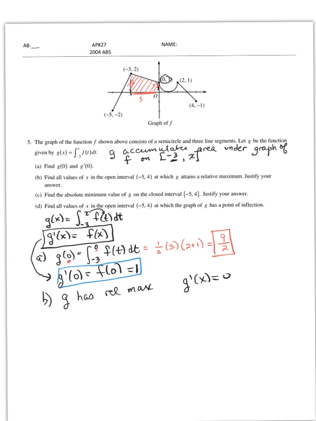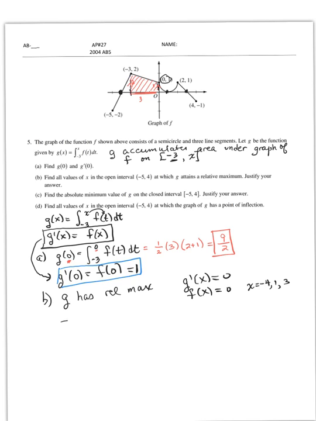These are the candidates, right? And this is the same as saying when f of x equals 0. And we see that f of x equals 0 where the graph of f crosses the x-axis, and that would be at -4, 1, and 3.